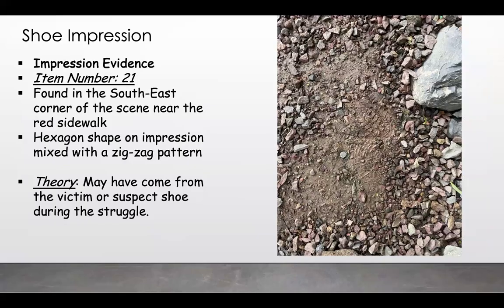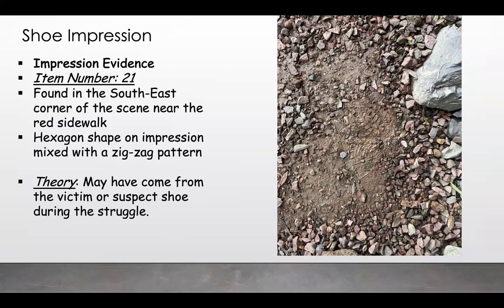And then this is going to be the shoe impression, which is our impression evidence. Specifically with this, the shoe was in the soil, and the soil was wet because it had rained the previous night. This provided a good opportunity for making 3D impressions. The shoe print was found in the southeast corner of the scene near the red sidewalk.